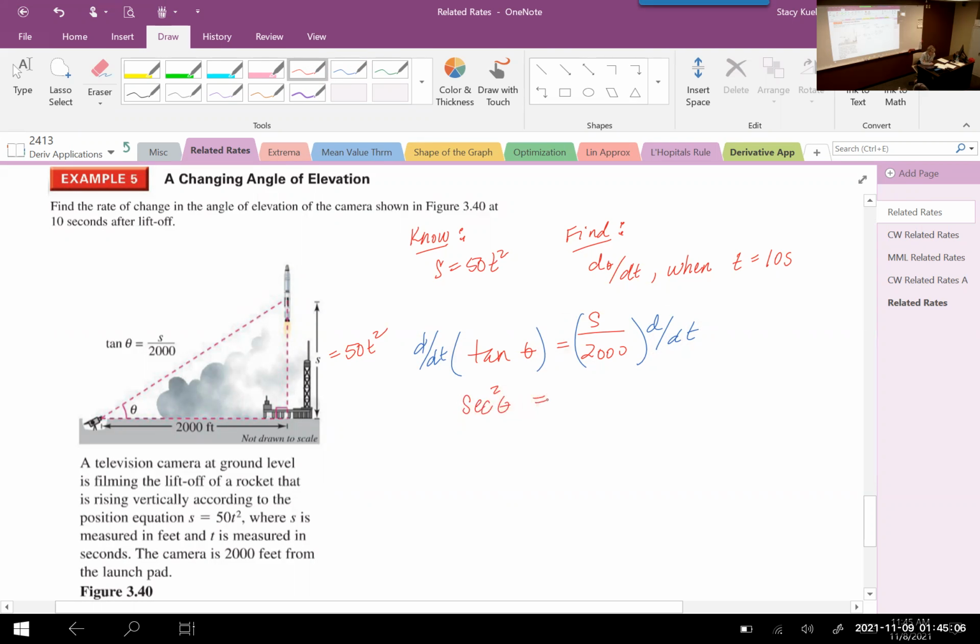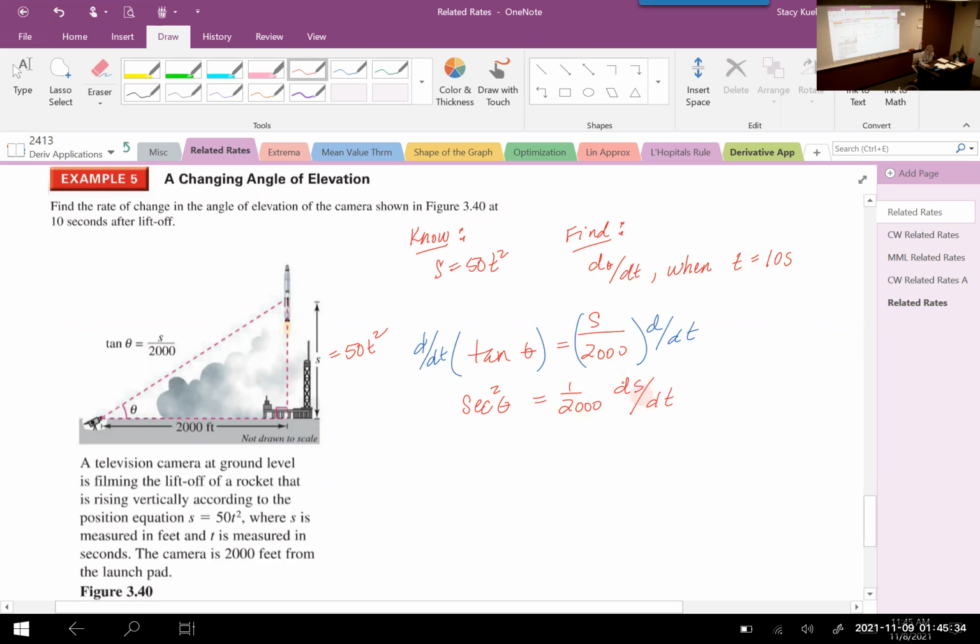That would be equal to 1 over 2,000 times ds/dt. We have a lot of unknowns in here now, don't we?